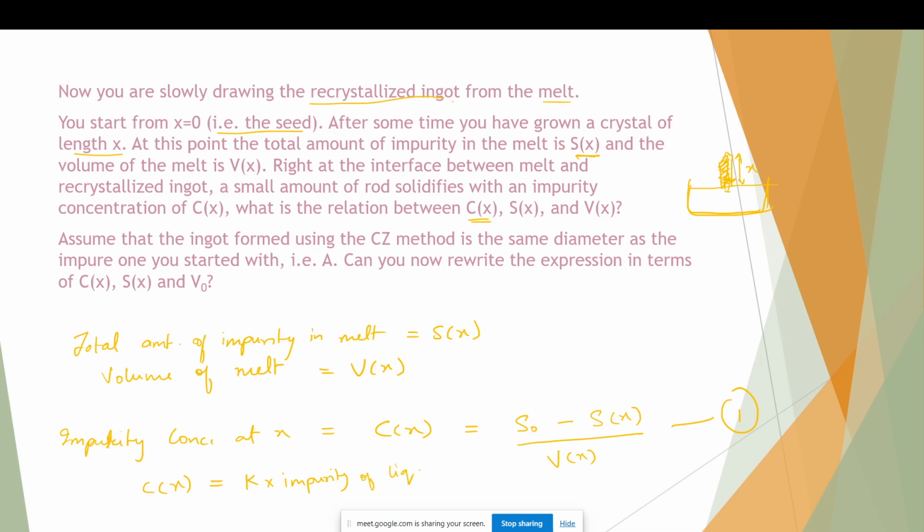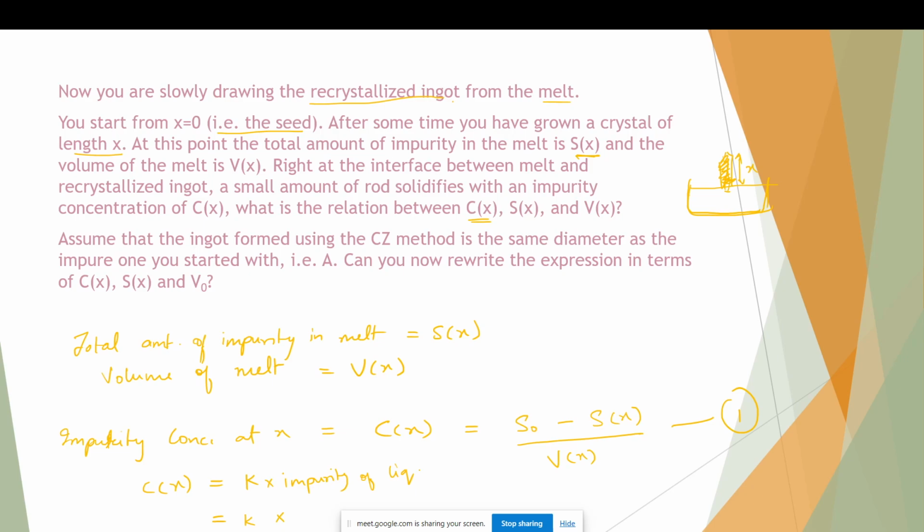K was nothing but the impurity in the solid over the impurity in the liquid, right? So then C of x I can write as K times the impurity in the liquid. So what you said is also correct. We'll come back to it in a minute. I'm saying that we can also write C of x in this form. Then this becomes K times the impurity of liquid.